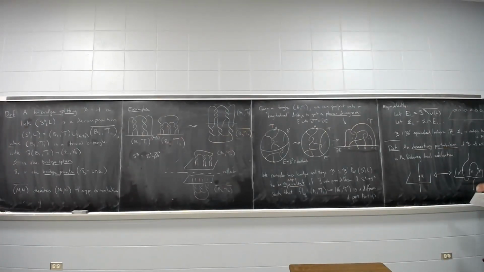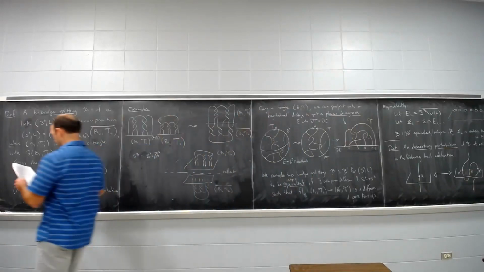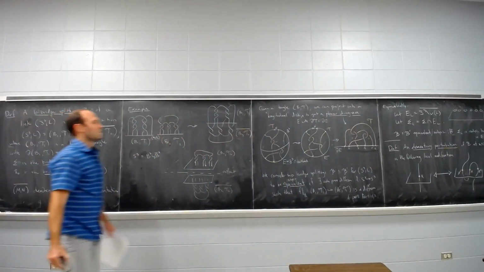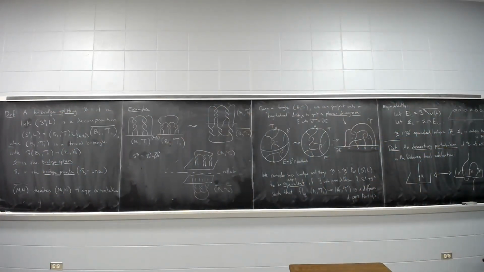And these bridge arcs come with nice little obvious bridge discs, which can be chosen in the complement of the other bridge discs. So an elementary perturbation of B is this local modification.